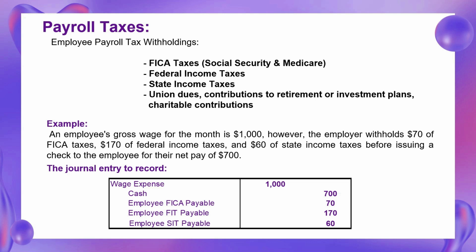Why does the state and federal government require an employer to withhold and pay directly these various amounts on behalf of the employee? Why not pay the employee the full $1,000 and let the employee pay their own FICA taxes and their own federal income tax and state income tax?